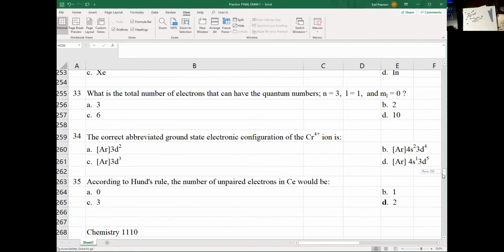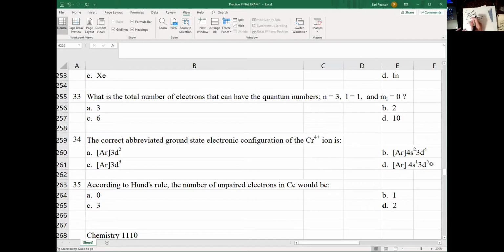And now number 34. What's the correct abbreviated notation for the electronic ground state of the chromium +4 ion? Okay, now, if you're doing a positive ion, you must first do the neutral atom and then take electrons away from it.